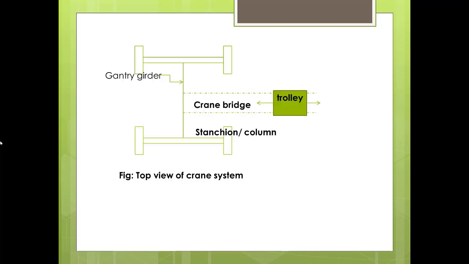We have a small diagram that is the top view of a crane system. Here we can see the gantry girder, which is placed between the columns or stanchions. These are the two columns.